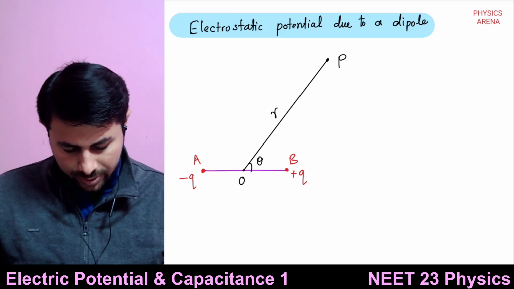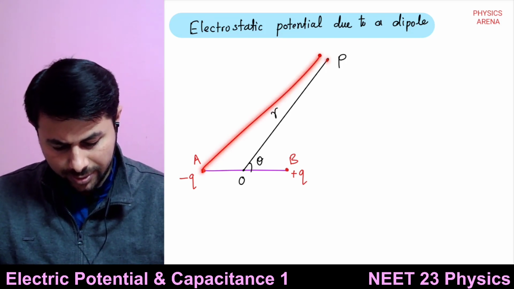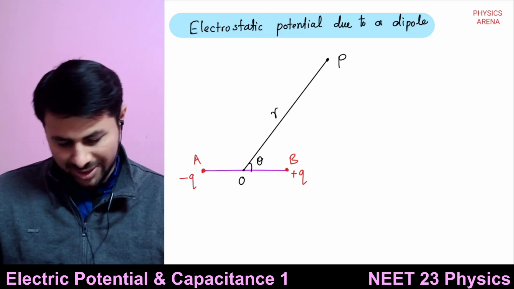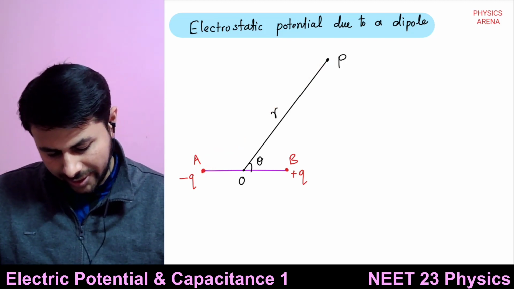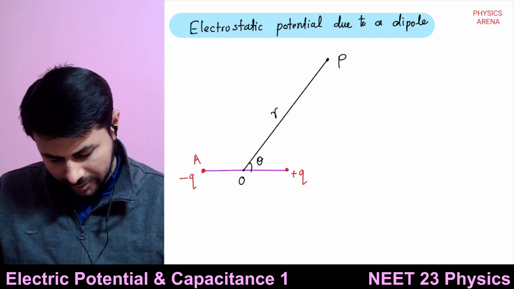To find the potential, let's join point P to the positive and negative charges.